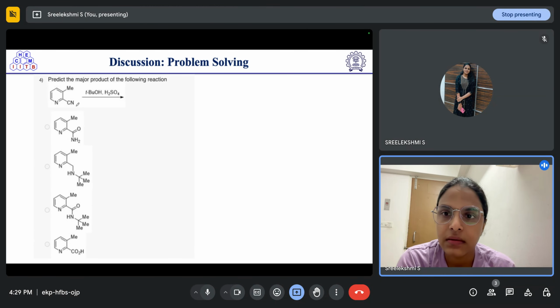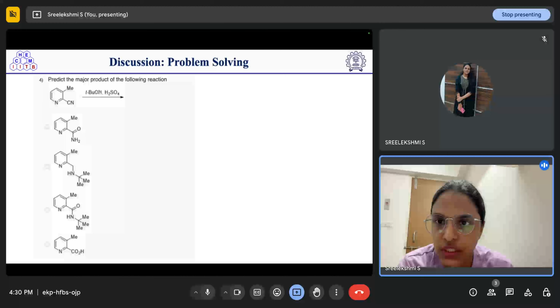Moving to the next question. So here also we can see this particular compound is treated with this tertiary butanol in presence of H2SO4.